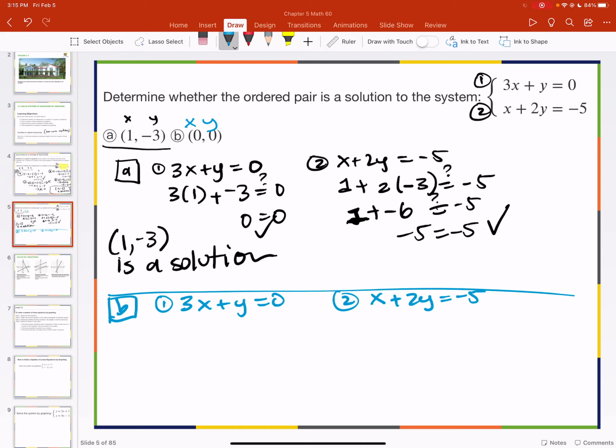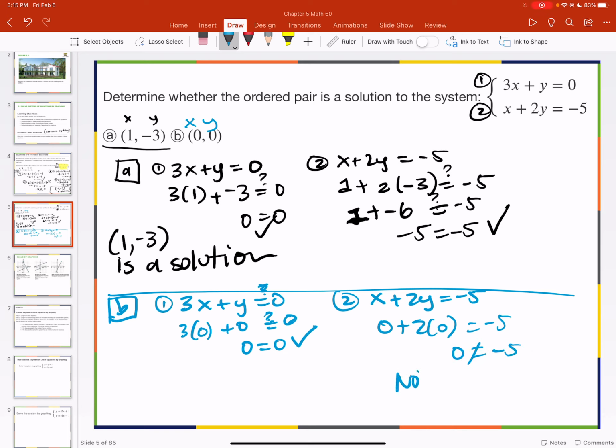We're testing the point (0, 0). So 3 times 0 plus 0 is equal to 0. Is that equal to 0? Yes, so 0 is equal to 0, so that's true. Let's plug it into the second one, and it's not looking good. 2 times 0 is equal to negative 5, so 0 does not equal negative 5, so not a solution.